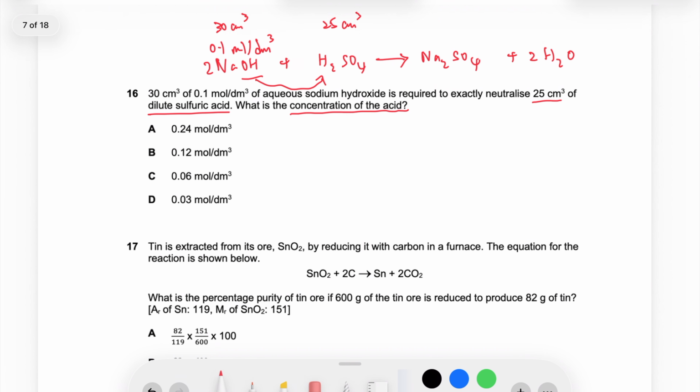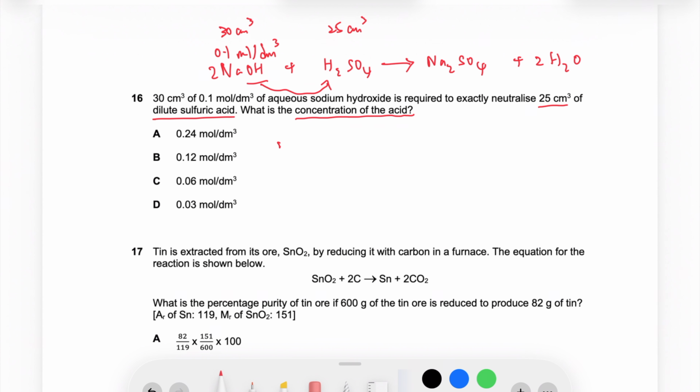Okay, so first we will do a mole of NaOH equals to CV. Concentration is 0.1, volume 30 divided by 1000. Okay, so you get 0.003 mole.